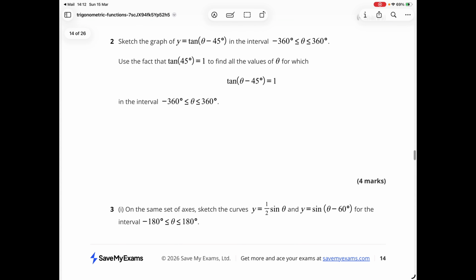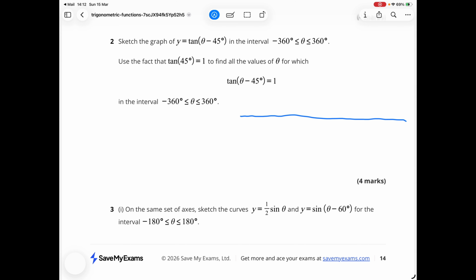Now sketch the graph of y equals tan of theta minus 45 in the interval. Now this is minus 360 to plus 360, so this will be interesting.